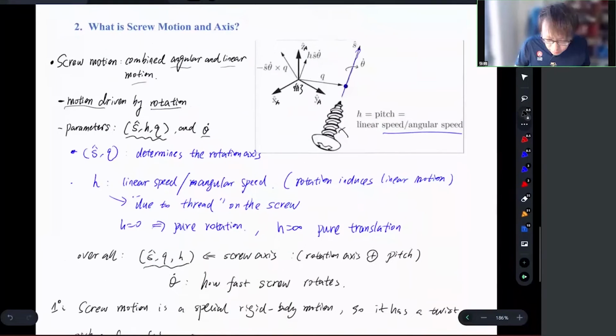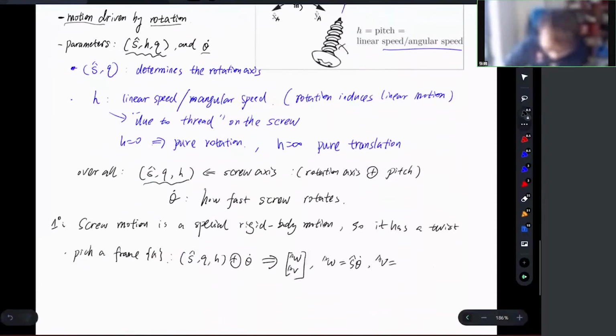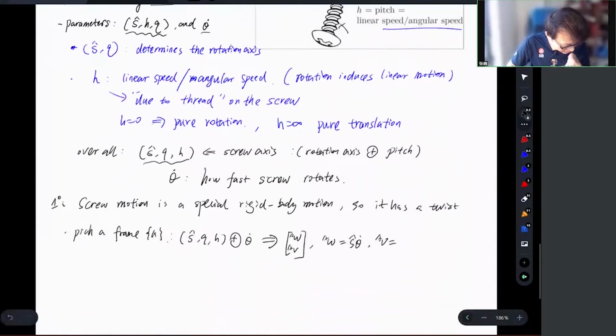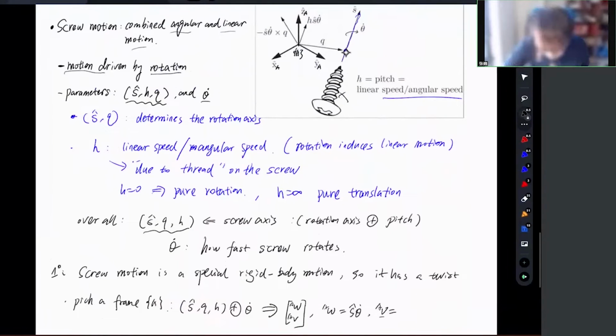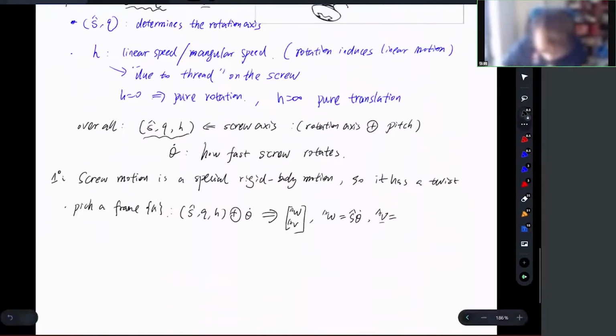And V A is what? It is the velocity of the body fixed point, a point fixed to the screw axis, right? Currently coinciding with O A. Because it's a body fixed point, I can use an intermediate variable, some point on the rotation axis, the velocity of a point on the rotation axis.